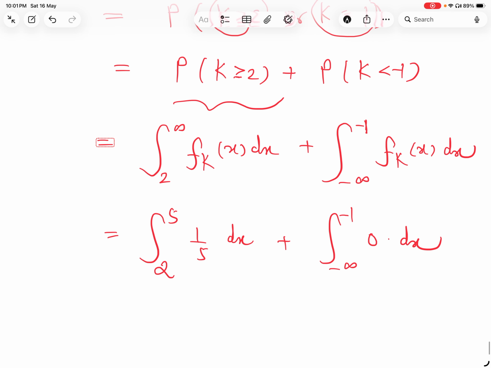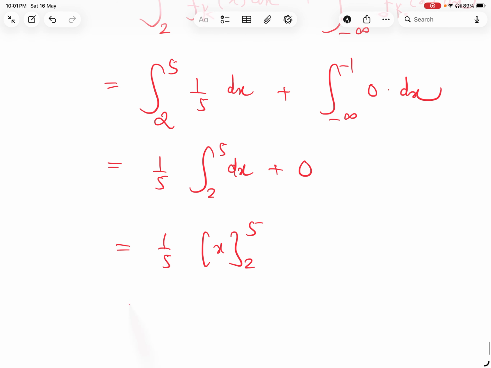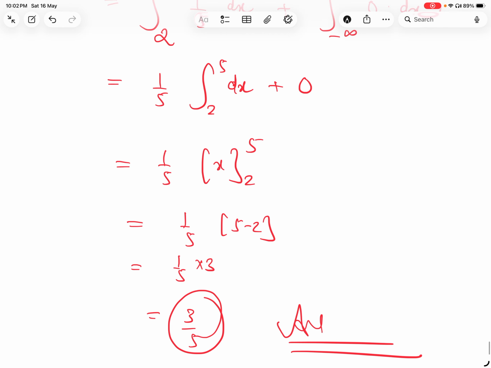So 1 upon 5 comes out, the integral from 2 to 5 of dx, and this part is 0. So 1 upon 5 times x from 2 to 5, which is 1 upon 5 times (5 minus 2). So it is 3 by 5. This is the required probability, and this is the answer.